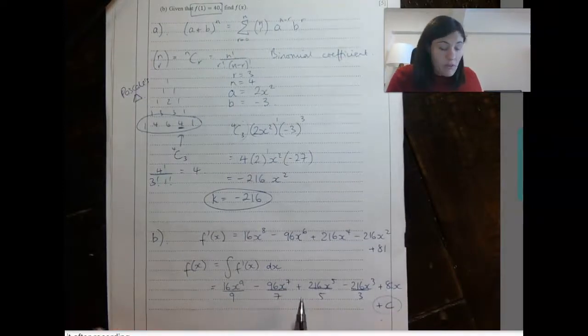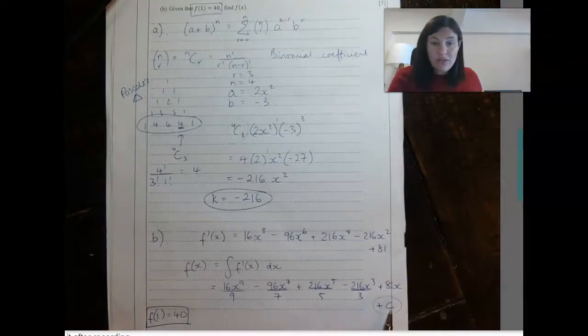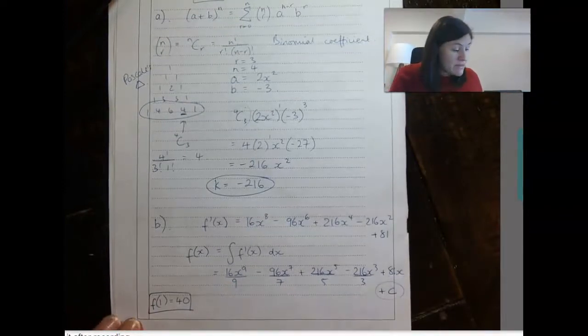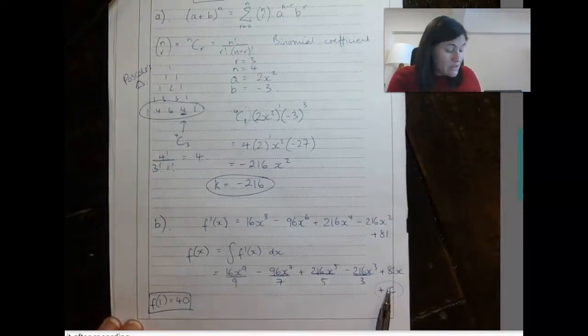These numbers look horrible, but because we're actually given f of 1 equals 40, we're going to be substituting x equals 1 into all of these, which is, other than 0, it's the nicest number that we could be substituting in. So f of 1 is 40, means that when x is 1, the value of this will be 40.